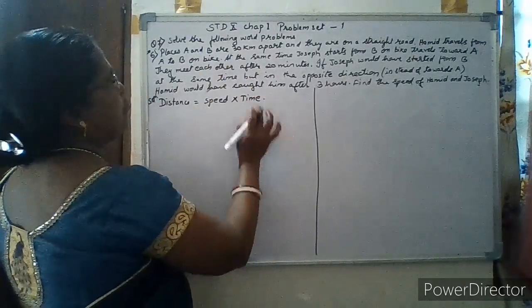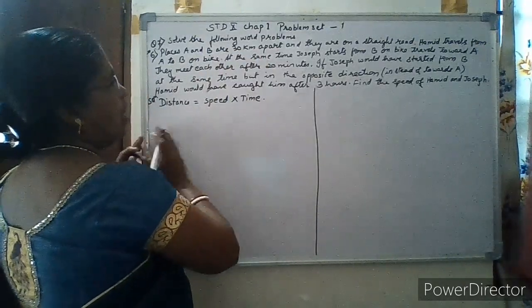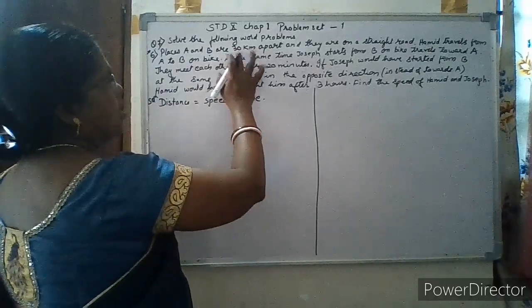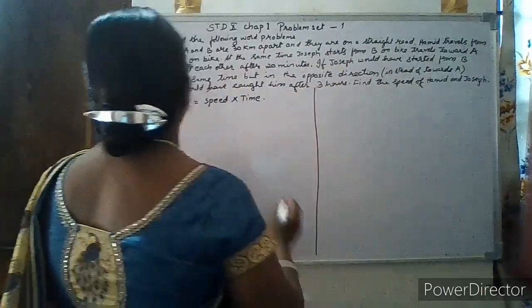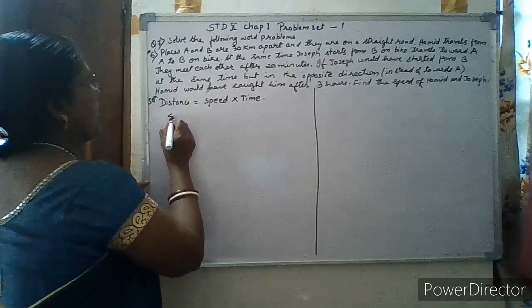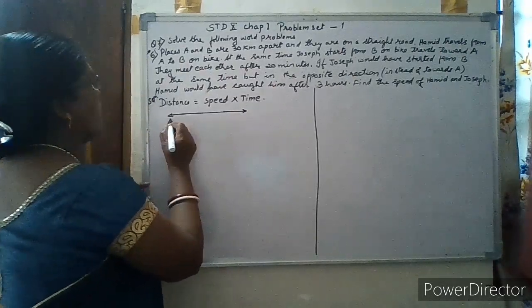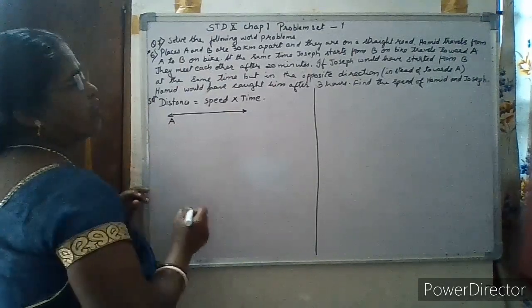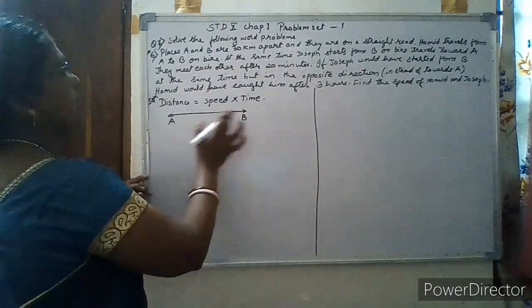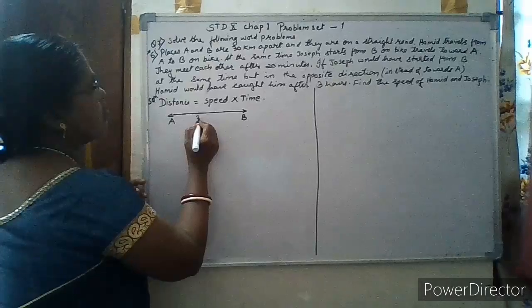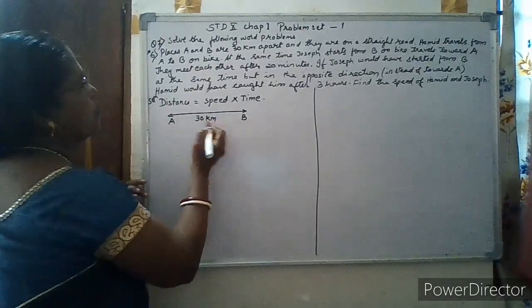A and B are 30 kilometers. Their distance is 30 kilometers apart and they are on a straight road. So that means they are on a straight road. Let us take this point as place A and this as B. Their distance is 30 kilometers.